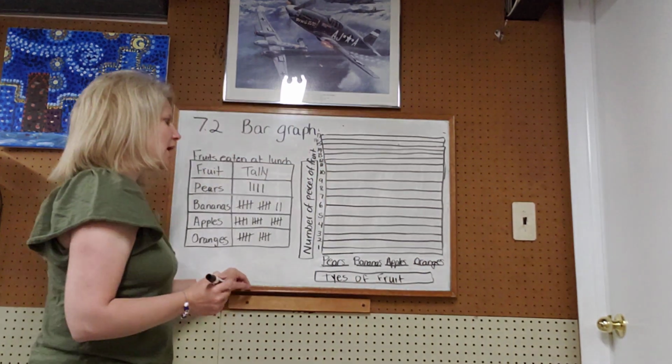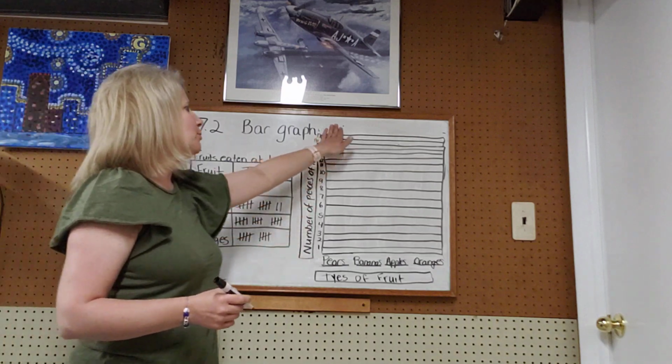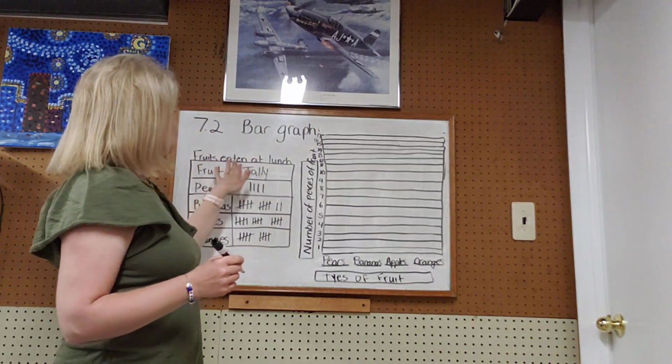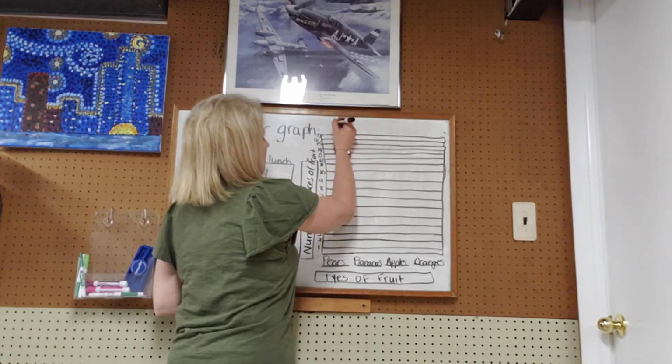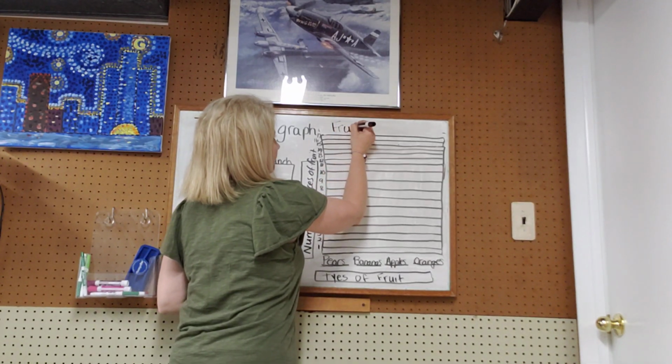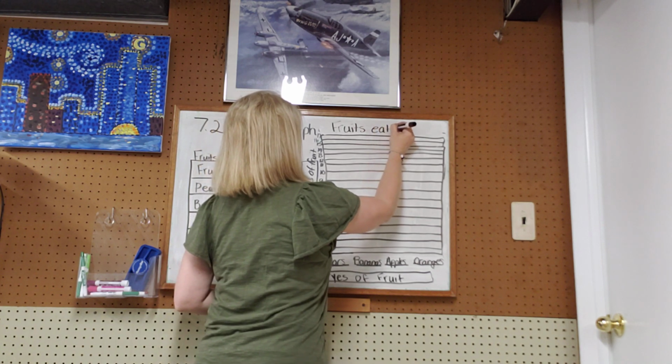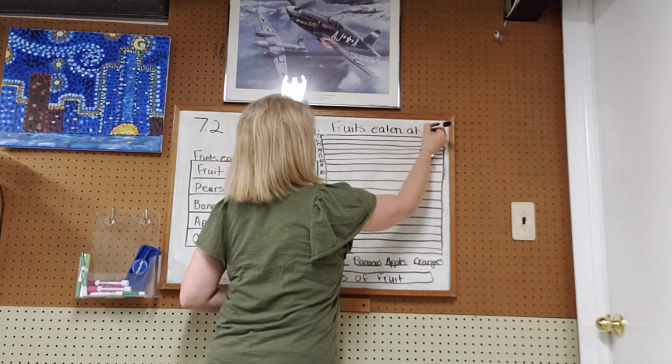Okay? So now we can take the data and we want to put our title up at the top too. So it's fruits eaten at lunch. That's the title of our bar graph. Fruits eaten at lunch.